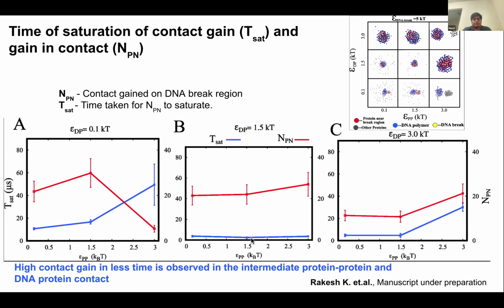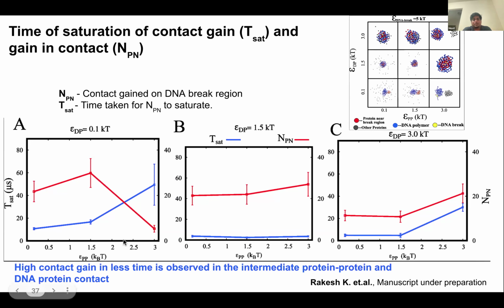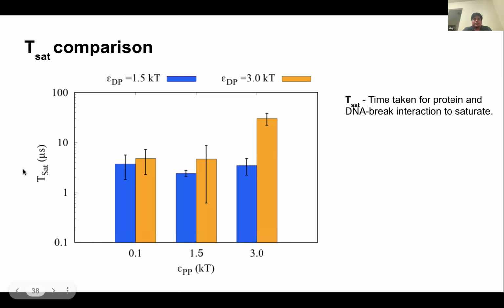We compared 1.5 kT and 3 kT, because the other has no meaning as the time is very high. These two have comparable time, so we compared their TSAT, and we see they are very similar, but for 1.5 kT you can see a consistently small error bar, which states that TSAT is consistently very low.